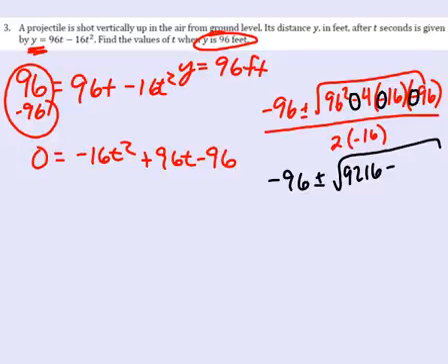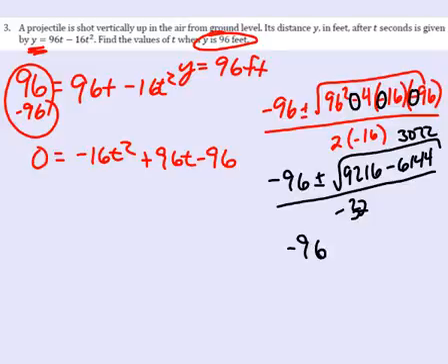This is still a subtraction. There's 3 of them, 2 of them cancel out to be positive. You're still subtracting. You get 6,144, all divided by a negative 32. So I would subtract from the 9216 and get 3,072.